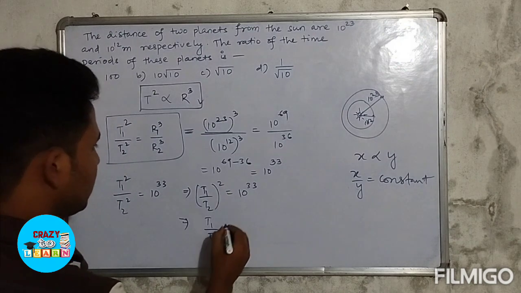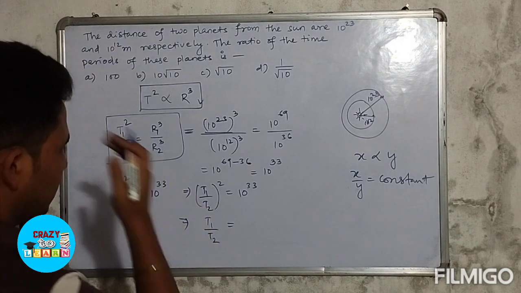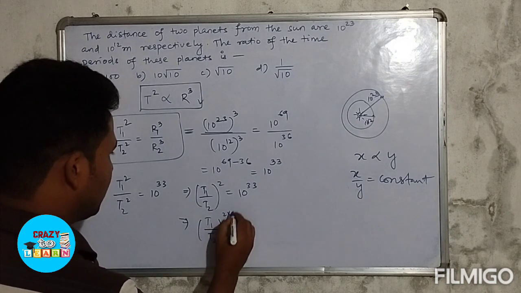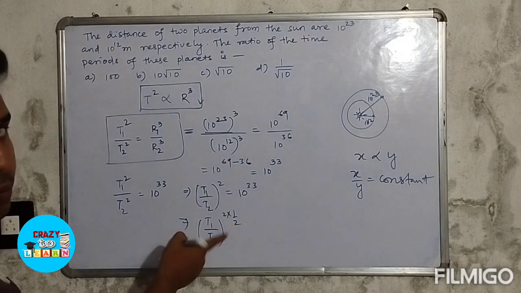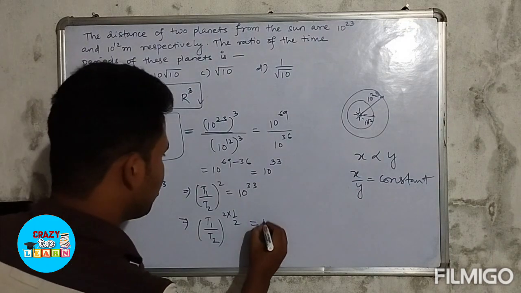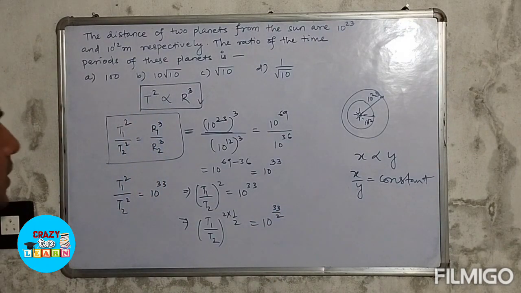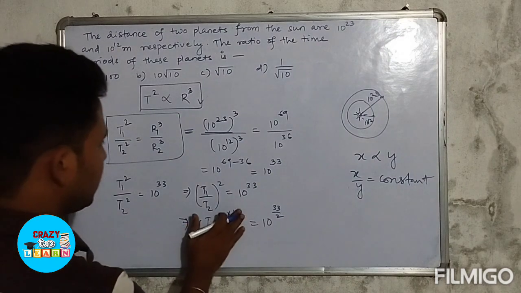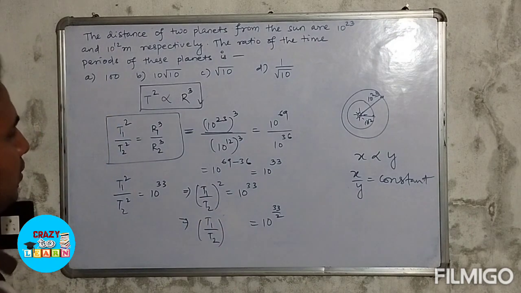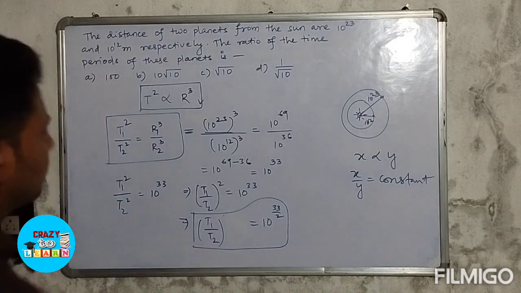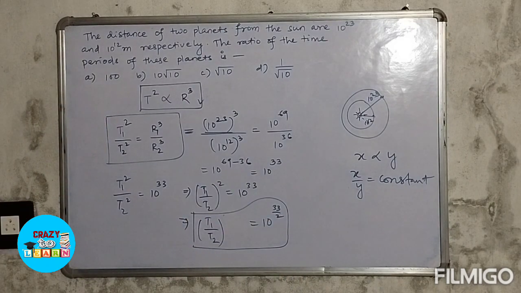T1 by T2 is 10 to the power 33 by 2, and options are not given to you here.